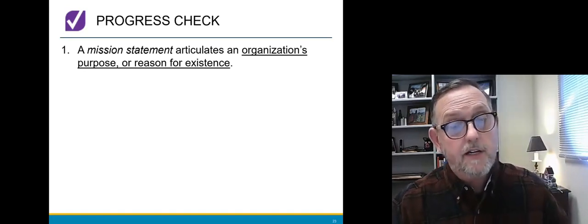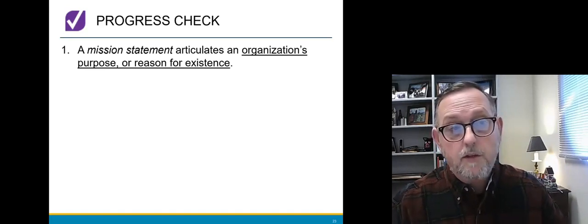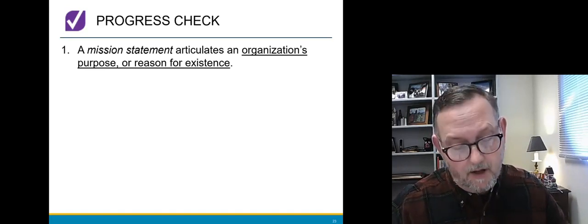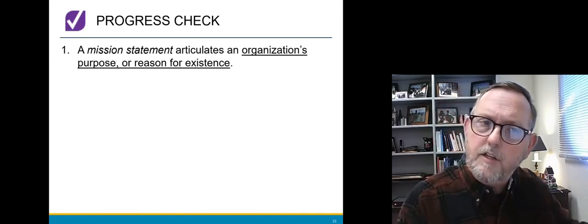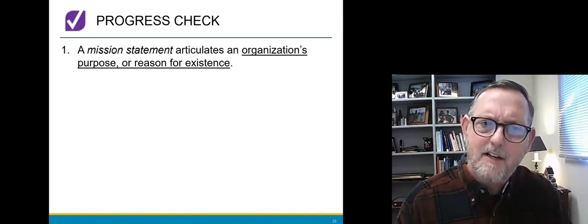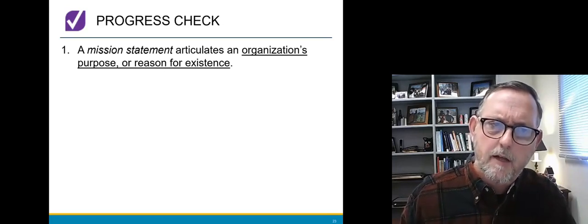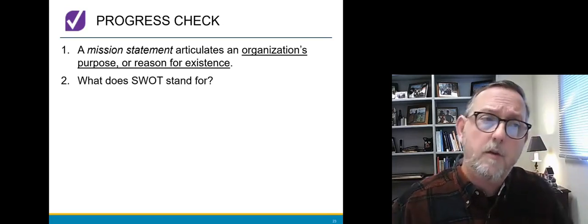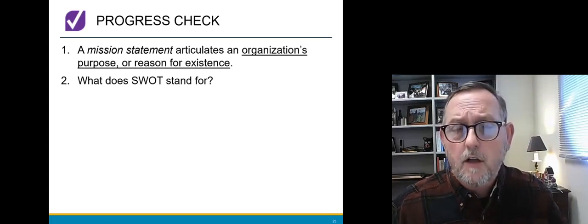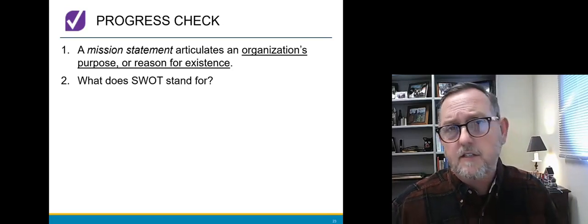One is the mission statement and understanding what the mission statement's all about. And knowing that by the time we write a marketing plan, the organization already has a mission or a purpose. And our job in building the marketing plan is to support that organizational mission or reason for existence.